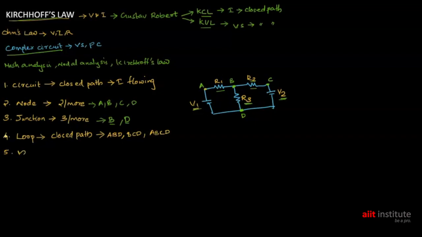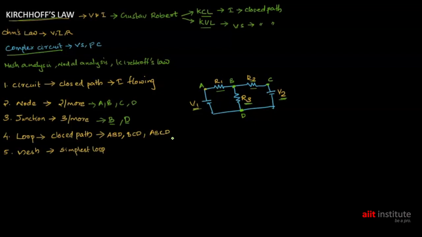Fifth one, mesh. A mesh is the simplest loop, which cannot be further divided. Here, A, B, C, D is a loop, but it's not the simplest or smallest one.